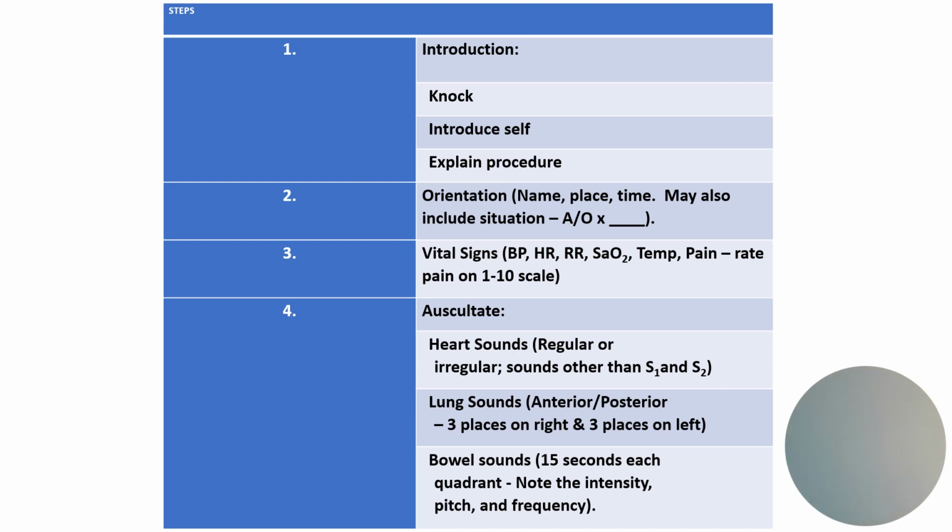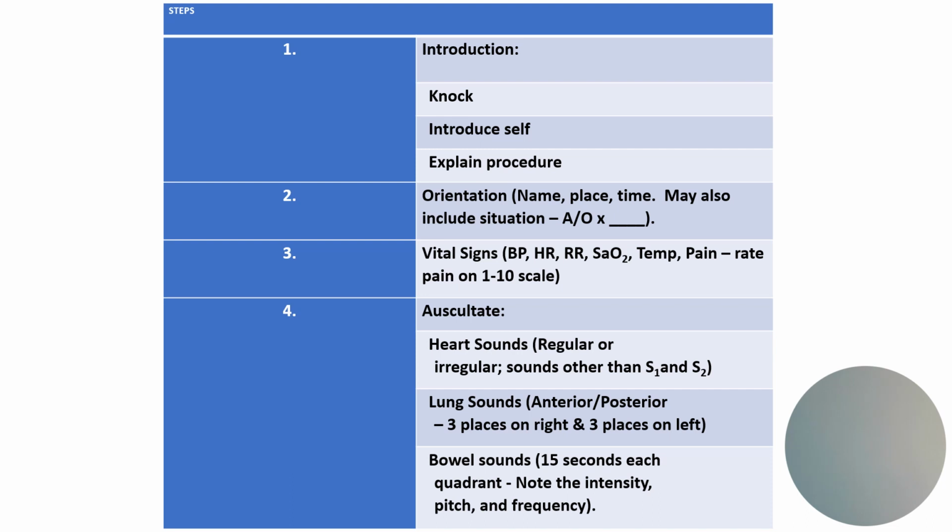So then we have our stethoscope. We need to auscultate. We're going to auscultate the heart sounds. For this course, you only need to auscultate in one place, and we're listening for two things. We're listening for the rhythm. Is it regular or irregular? That's all you need to document.